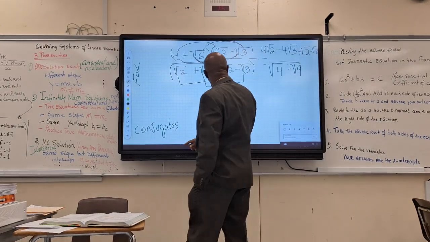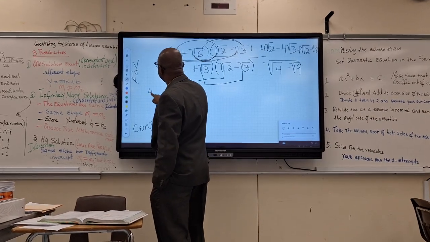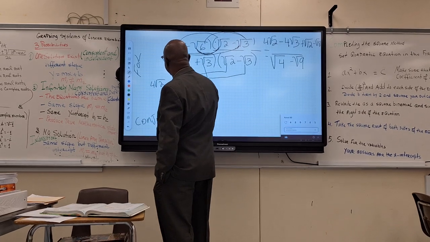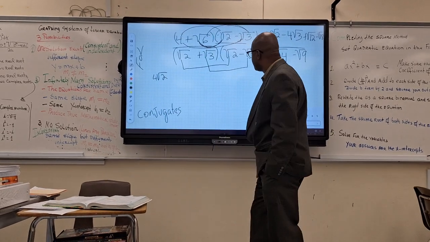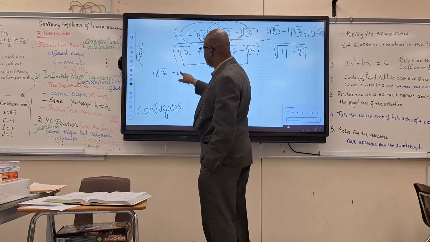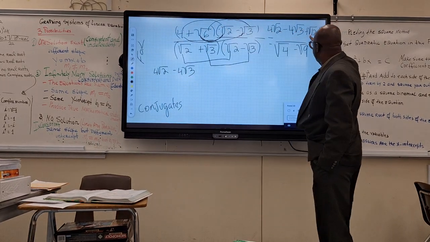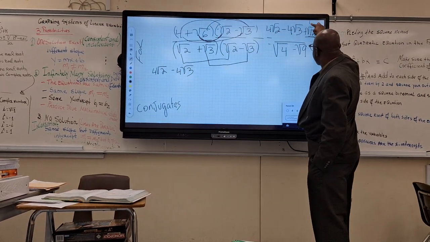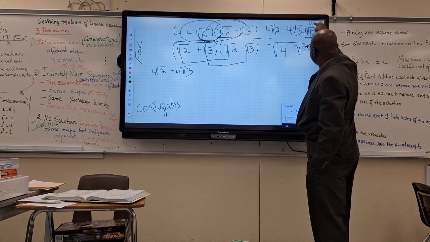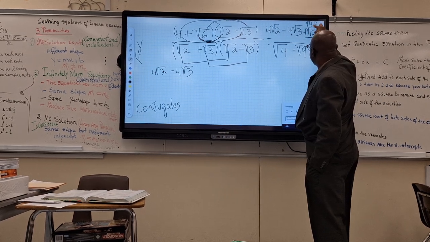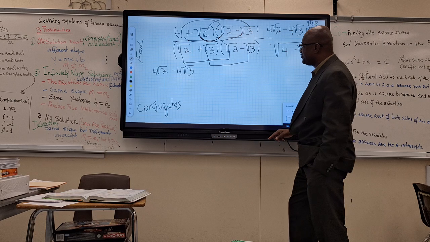So as your numerator, you will have 4 root of 2 minus 4 root of 3. Root of 12 can be simplified as 4 times what? 4 times 3, then you take the square root of that. This will give you 2 root of 3.